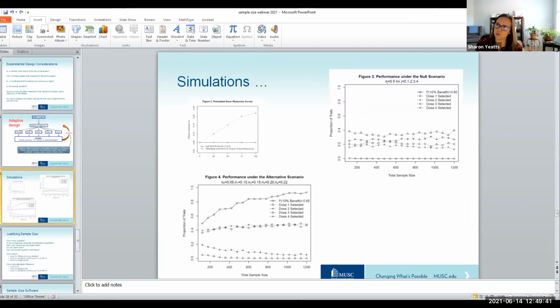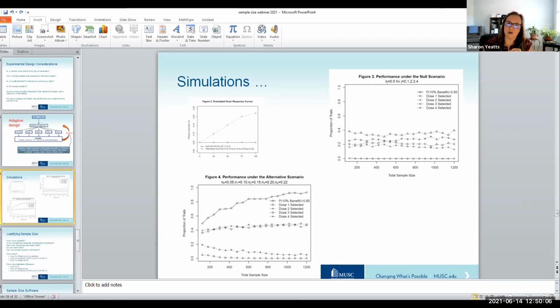When we went into the planning grant, we did a very simple simulation study that looked at, in figure 2 that you see up here, it's kind of small, the null hypothesis that there's no effect associated with dose. And our primary outcome at that time was actually a binary indicator for whether RV function had normalized.